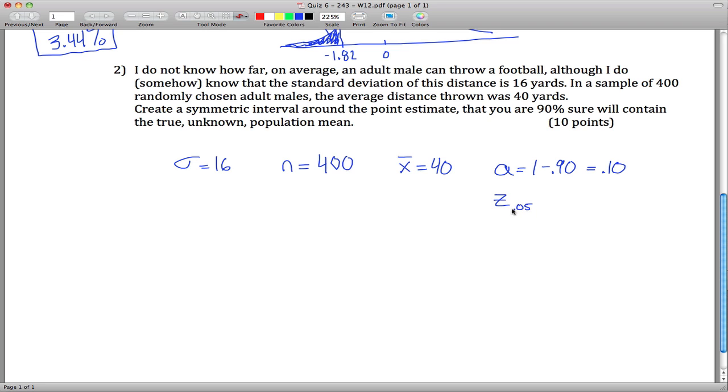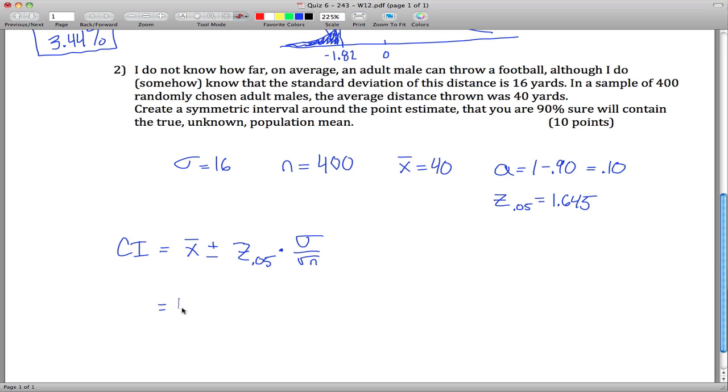So the z-score that corresponds with half of alpha being the area above that z-score is 1.645. And if you know all that, you can write that a confidence interval is equal to x bar plus or minus z of 0.05 times sigma divided by the square root of n.